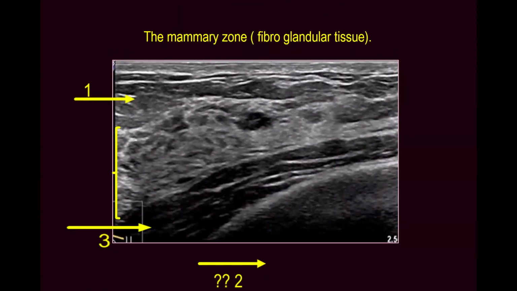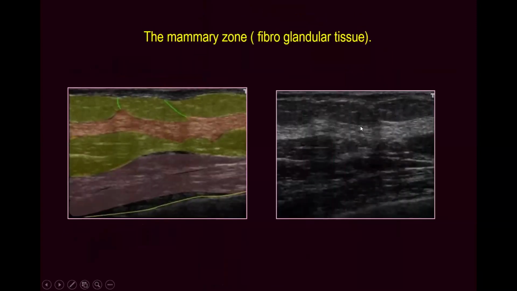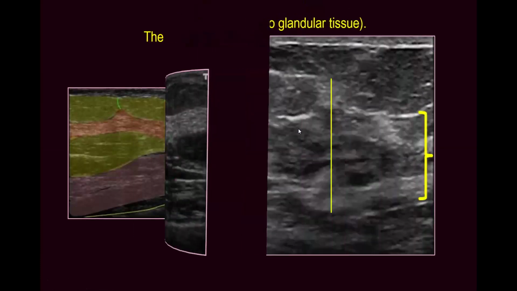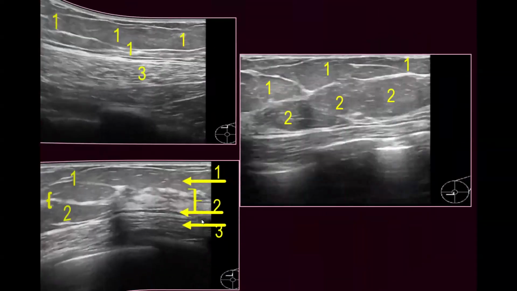Again, here no retro-mammary fatty layer, this is the mammary zone. Here the contour of the mammary zone is wavy. You see here, the pre-mammary zone is thick here and thick here, while here it's thin, okay? And the retro-mammary fat is a very thin layer, and this is the pectoralis muscle.